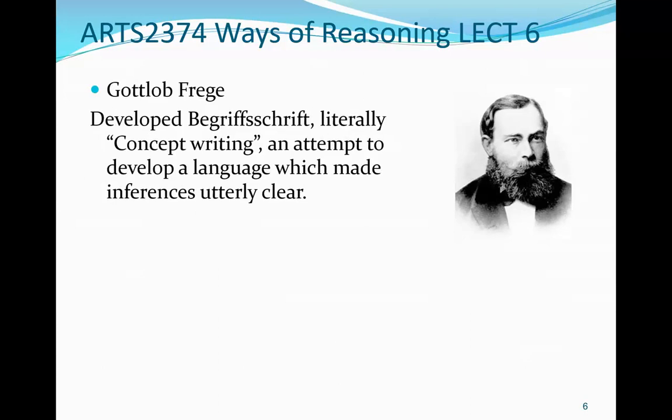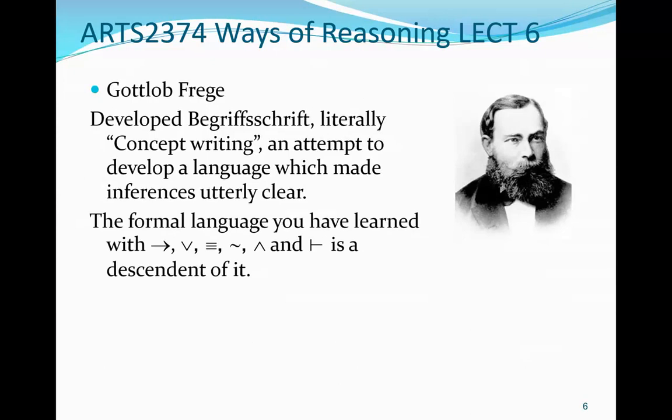I mentioned Frege when I talked at the beginning about propositional logic, because in fact the formal language that you've learnt in the truth tables is actually a descendant of the language he developed in the Begriffsschrift. So the language with those symbols and with the meanings that they've got is actually a descendant of his language that he developed.